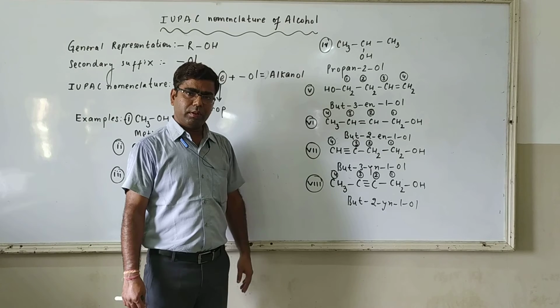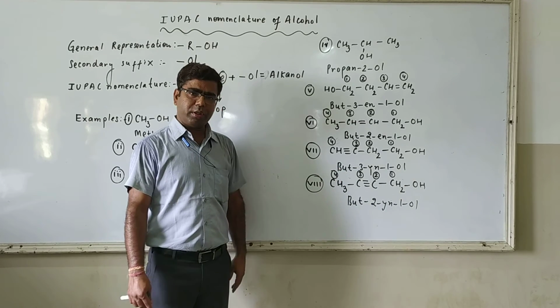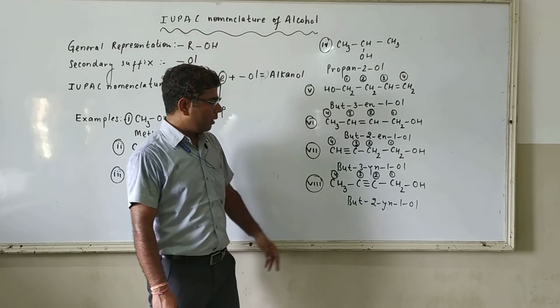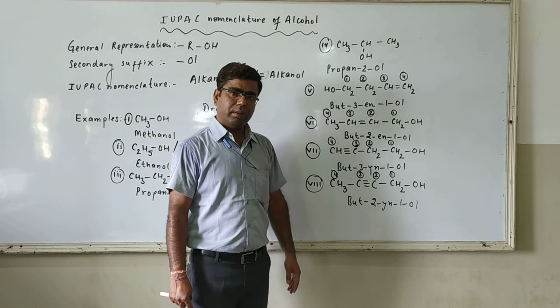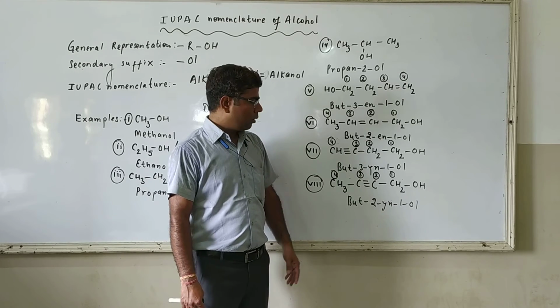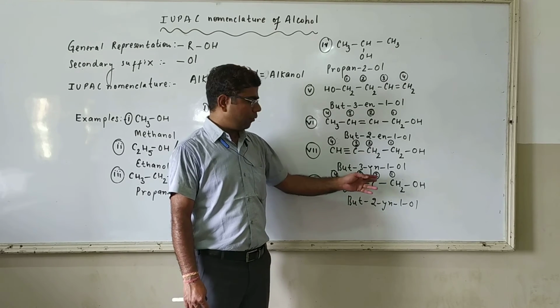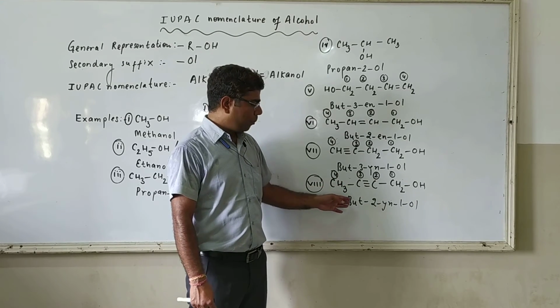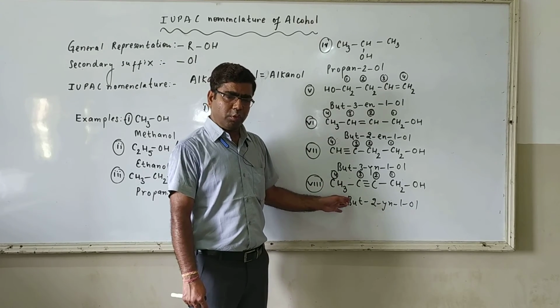Number 8. We are changing the position of the triple bond. Now the triple bond is placed between carbon number 2 and carbon number 3. There is no change in the position of the OH group. So here the triple bond is between 2 and 3. The organic compound contains 4 carbons, so "but" will be the word root used.